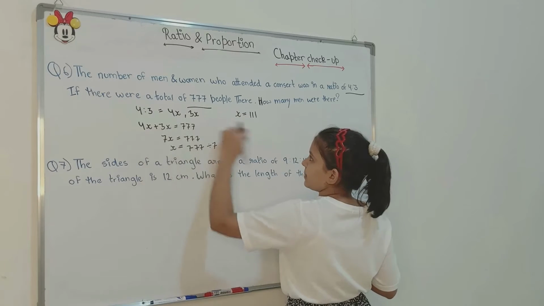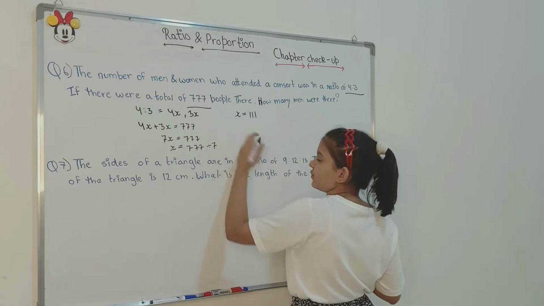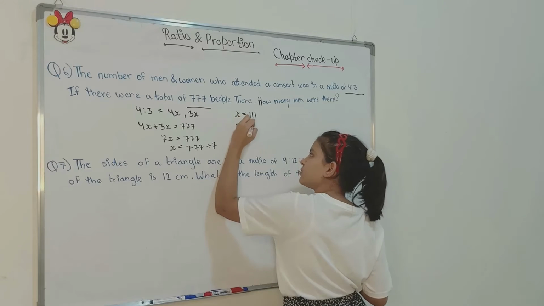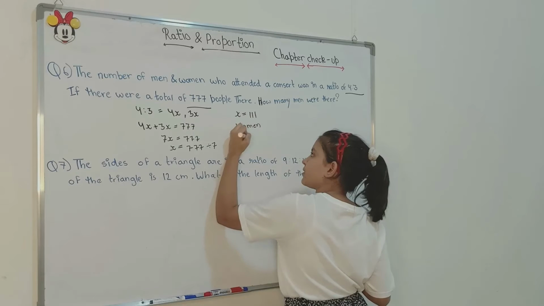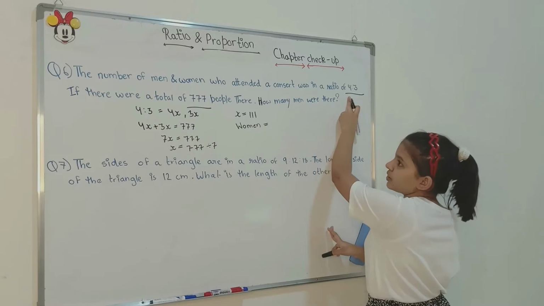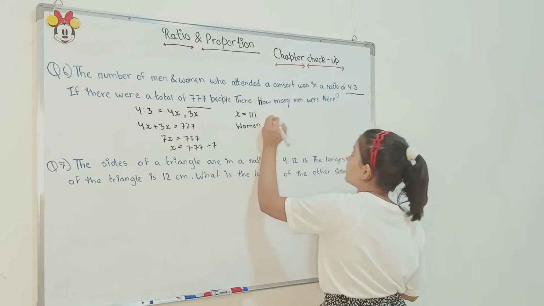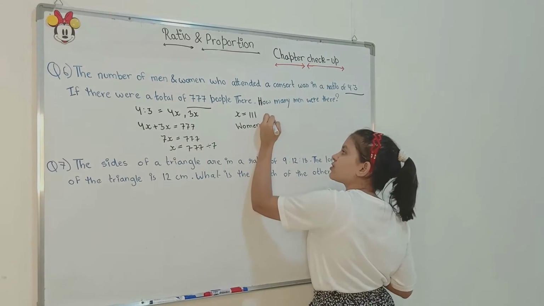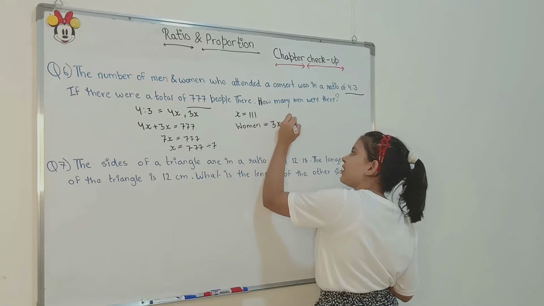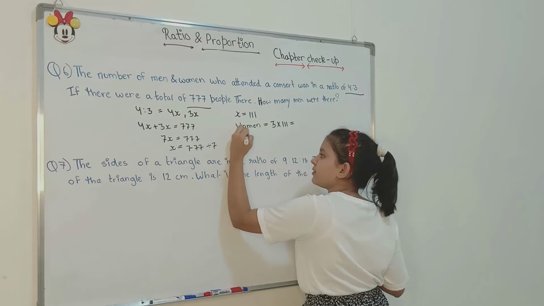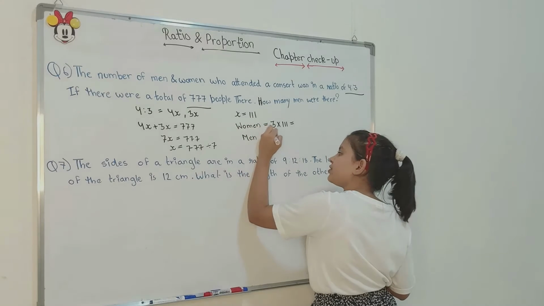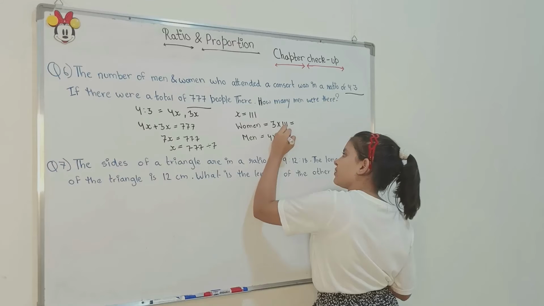So now we'll multiply 111 with 4 and 3. So women is equal to, there were 4 men and 3 women in the ratio. So 3 into 111, then men is equal to 4 into 111.